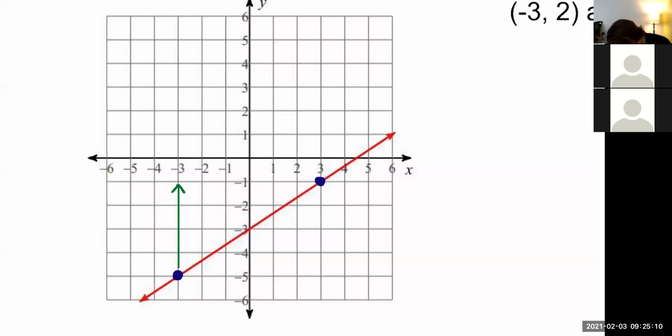So going up 4 units, this is going to be my positive 4, which is going to refer to my rise. Now from there, how far am I going to have to run? Six. 6 units to the right. Positive, so 6 units.